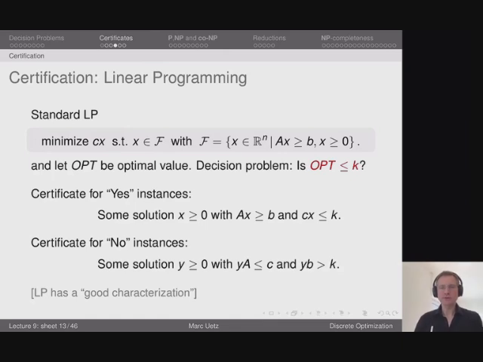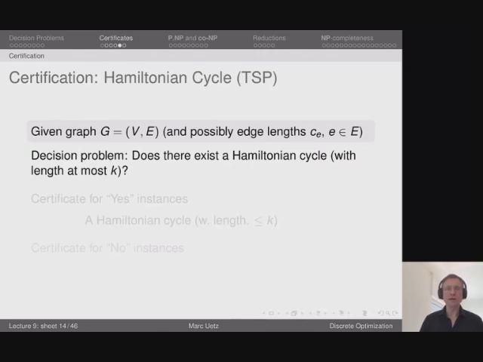Since this was reasonably simple, let's just move on to the next problem on our list, and that would be the Hamiltonian cycle problem. The decision problem is, does there exist a Hamilton cycle in a given undirected graph, or does there exist a Hamilton cycle with length at most k in a given graph?